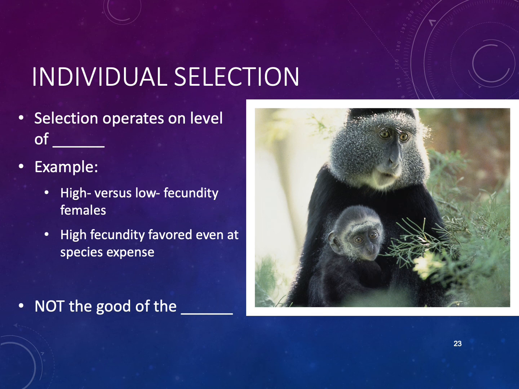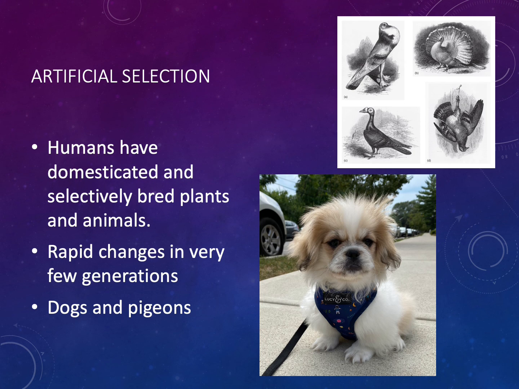If natural selection was operating on the level of the species, it would be a waste of resources to have that many offspring if you know that not all of them are going to survive. Rather, natural selection is operating on the level of the individual because the increase in the number of individuals may increase the likelihood that some will survive, which is why one female will have so many offspring. So that's why natural selection operates on the level of the individual, not the good of the species.